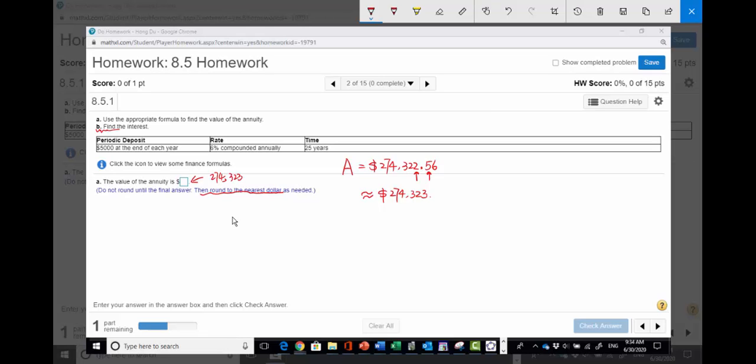In part B, they want us to find the interest. The interest for an annuity is calculated like this: interest will equal the value of the annuity minus the total deposit.